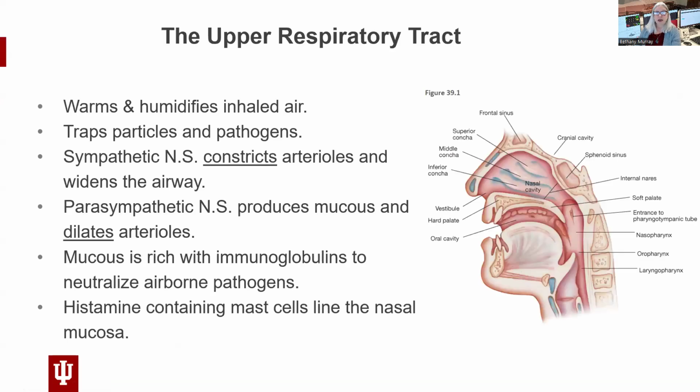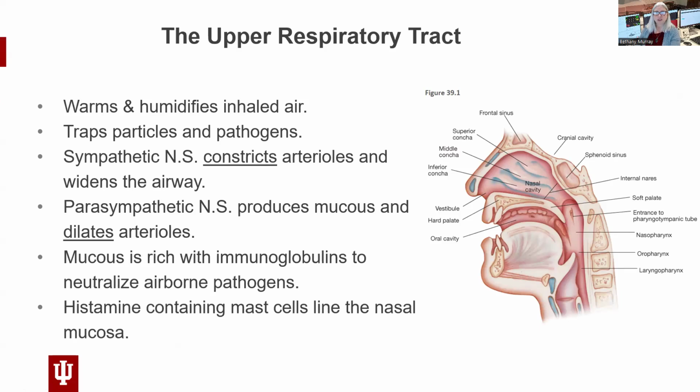A brief review of anatomy. The upper respiratory tract consists of everything from the outside air down to the laryngopharynx area. The role of the upper respiratory tract is to warm and humidify air that we inhale, to trap particles and pathogens in our environment and prevent them from reaching the lungs.